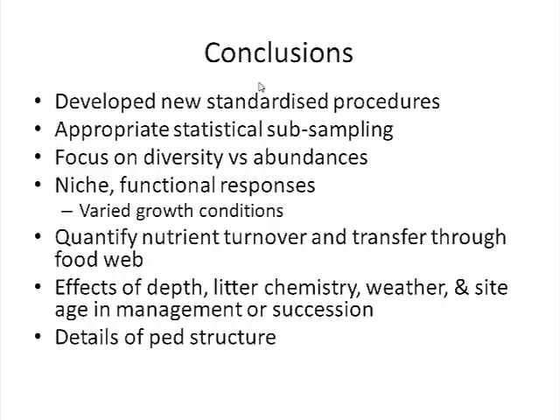And we shifted the focus from abundances and biomass towards diversity and looking at this from an ecological perspective, and spent some time looking at the functional responses and what their niche might be. We tried to come up with procedures, but primarily the stable isotope procedure, to quantify some of these nutrient transfers and identify the pathways in the food web.